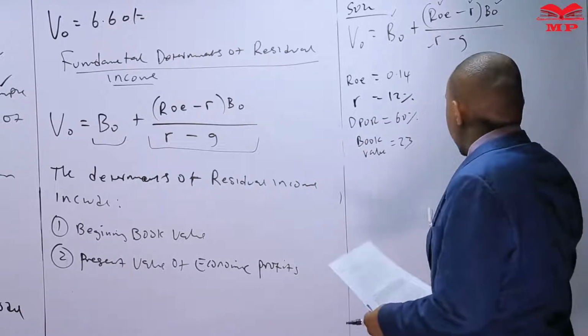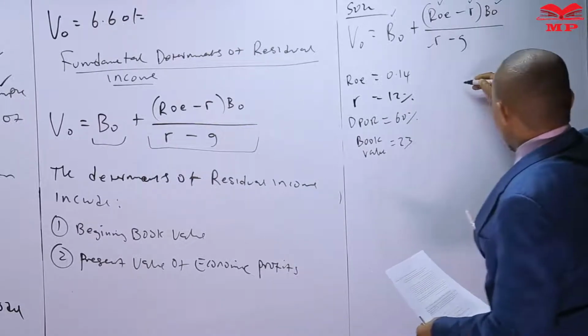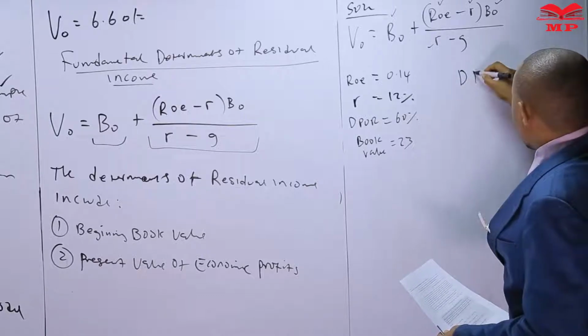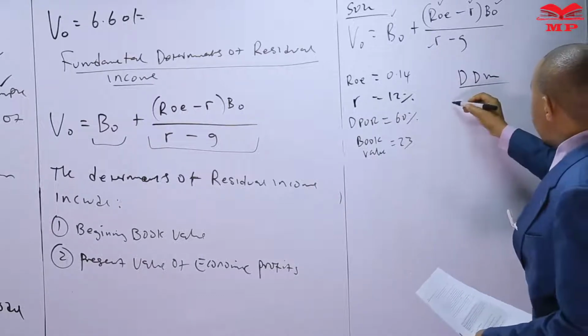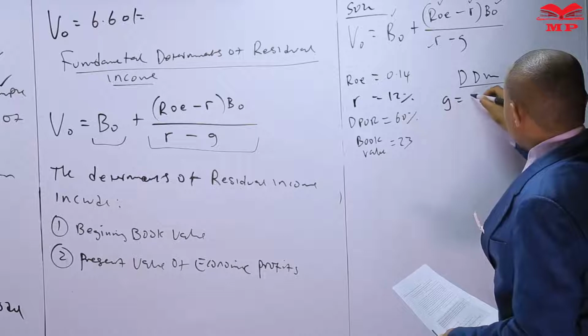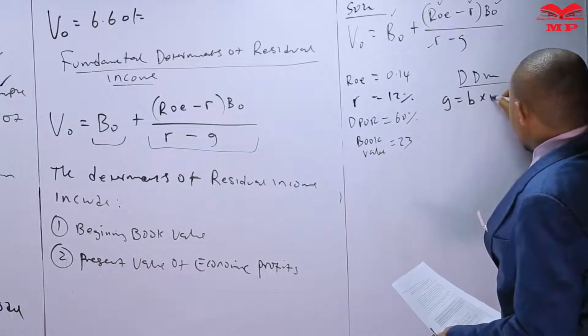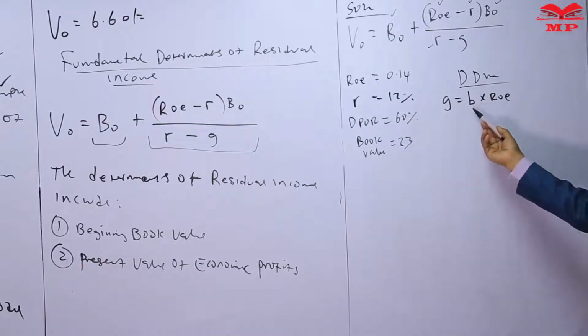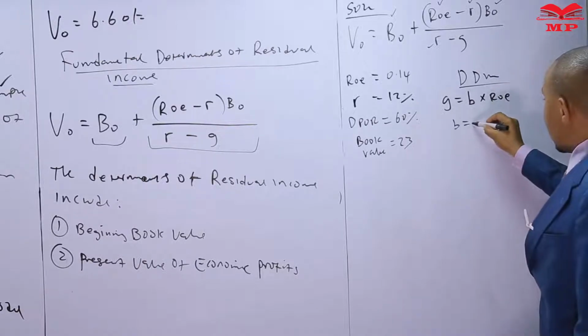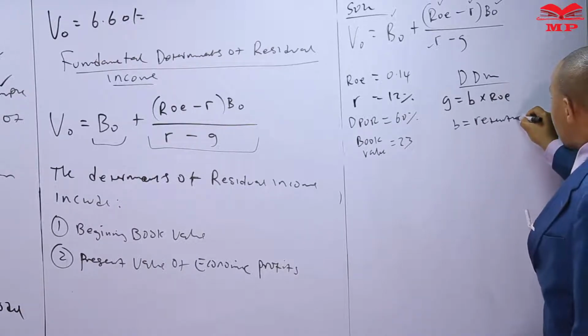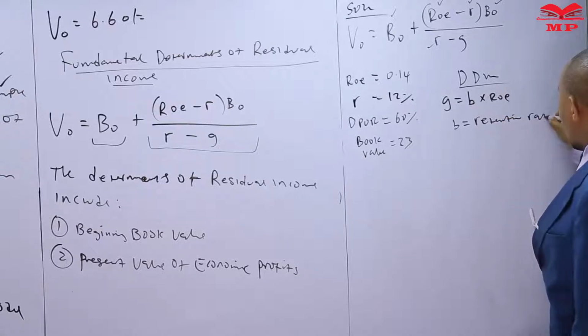Recall in the dividend discount model, what we said is that G is given as small b times ROE. This is the component of the retention ratio, b, the retention ratio.